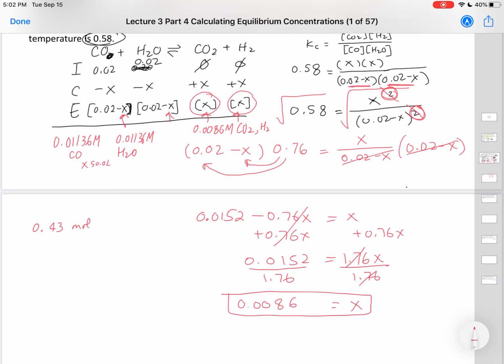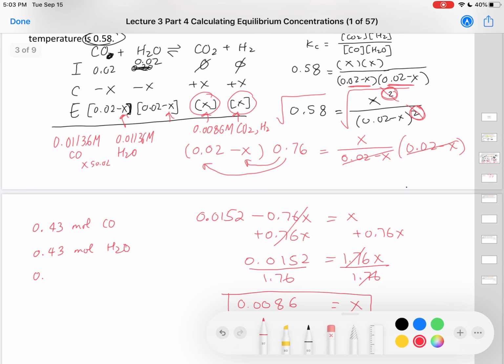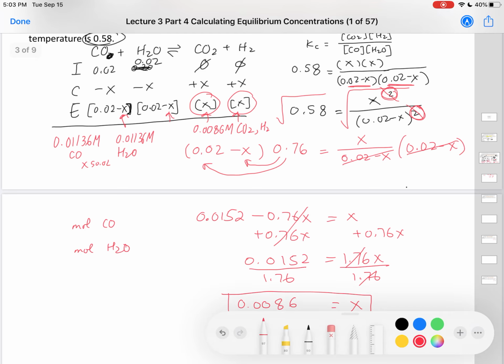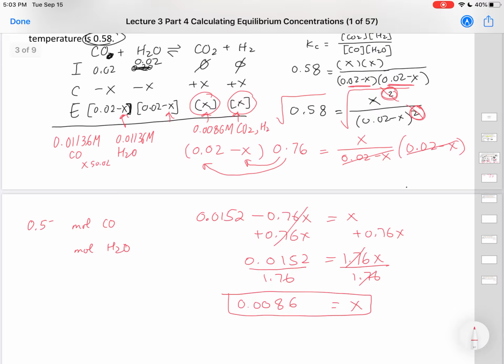Sorry about that, I made a mistake. If you multiply each of these by 50, it would actually get you 0.57 of the CO, and then 0.43 of the CO2, and 0.43 moles of the H2.